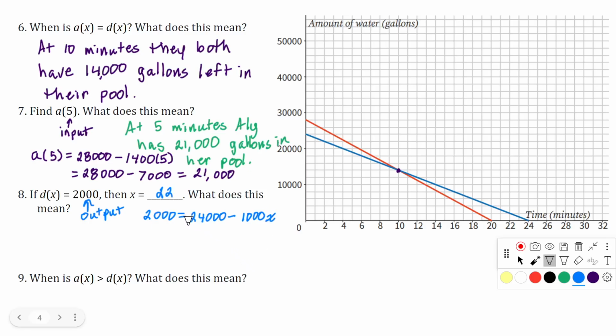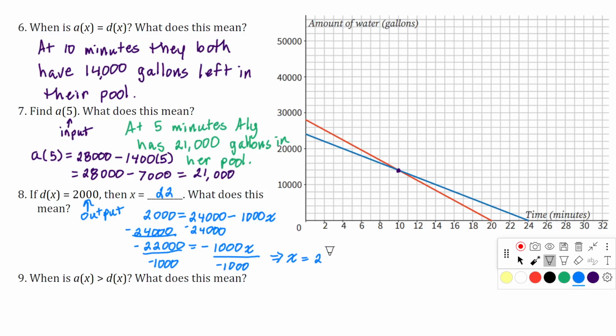I can subtract 24,000 from both sides. That gives me negative 22,000 equals negative 1,000 x. Divide by negative 1,000, and we find that x equals 22.